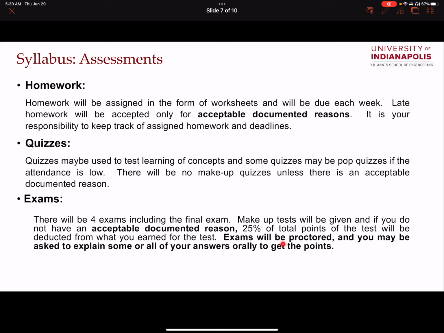Make sure that if you don't have a documented reason for quizzes and exams, you will not be given a makeup. You need to have a documented reason to resubmit homework and take makeups for quizzes and exams.